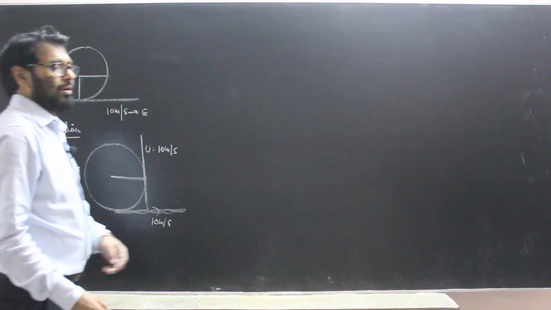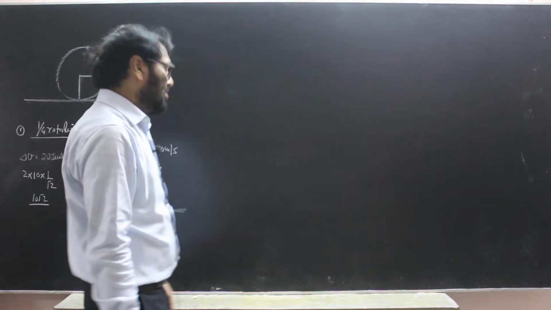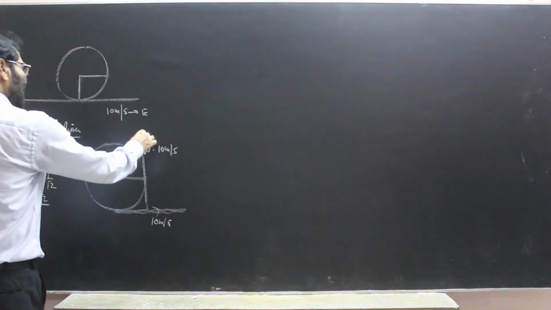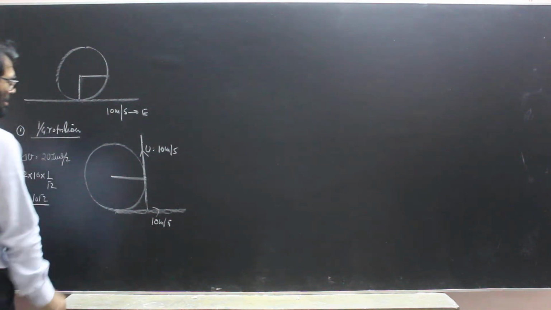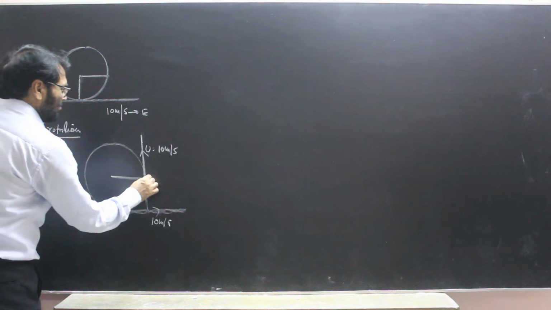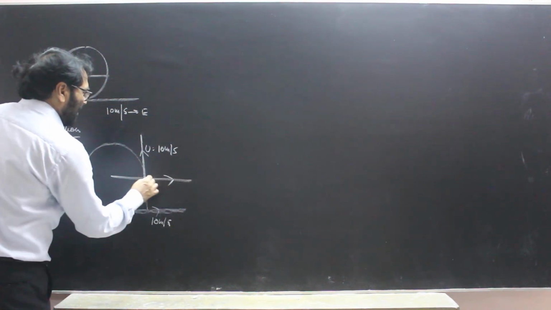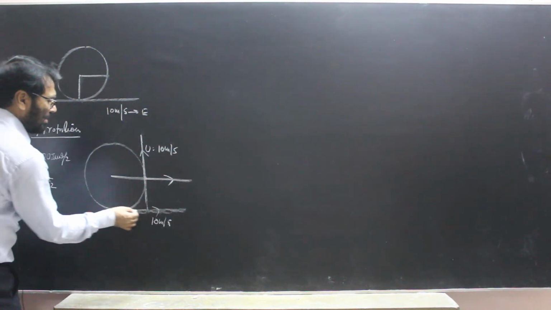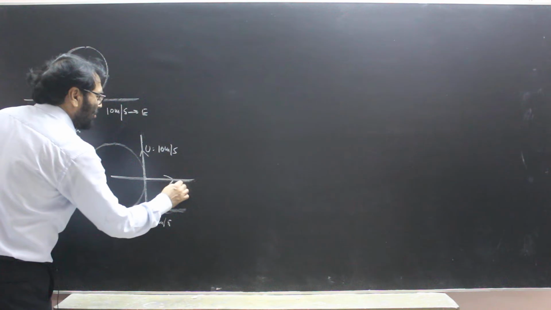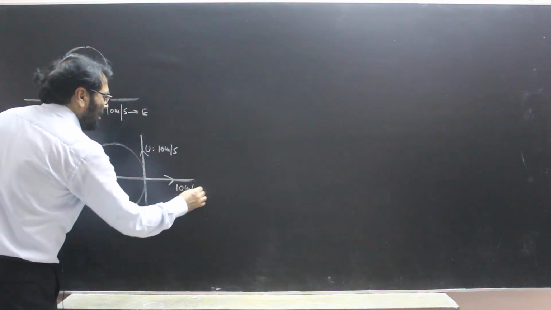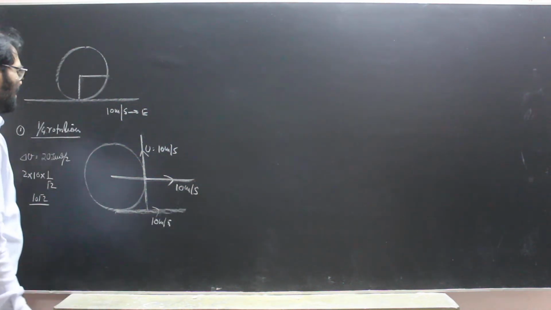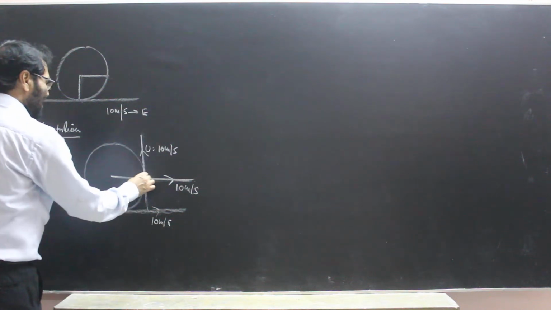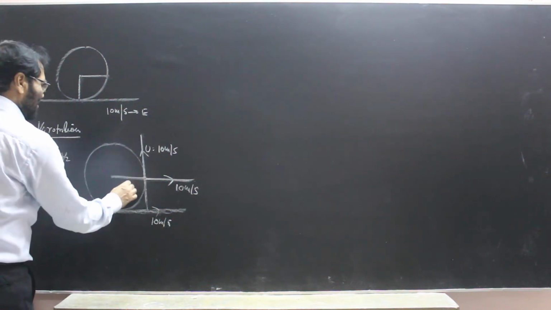But if we want to calculate the direction also, this is the final velocity. It is moving towards north after 1/4 rotation, and initially it is moving towards east. A vector is invariant under translation, so I can bring it here. It is moving with a velocity of 10 meter per second. Change is final minus initial. So this is also 10.